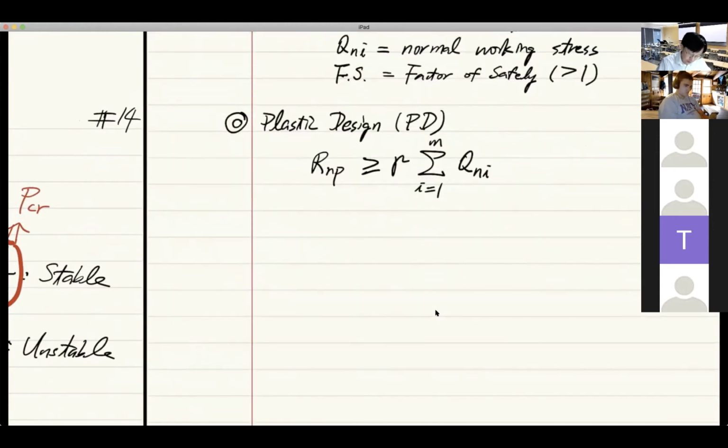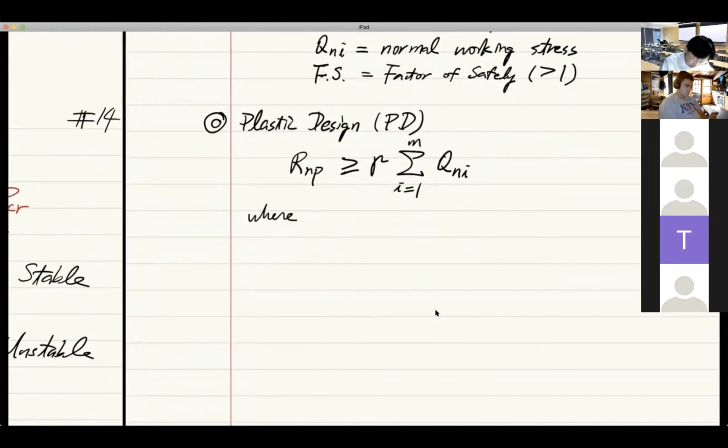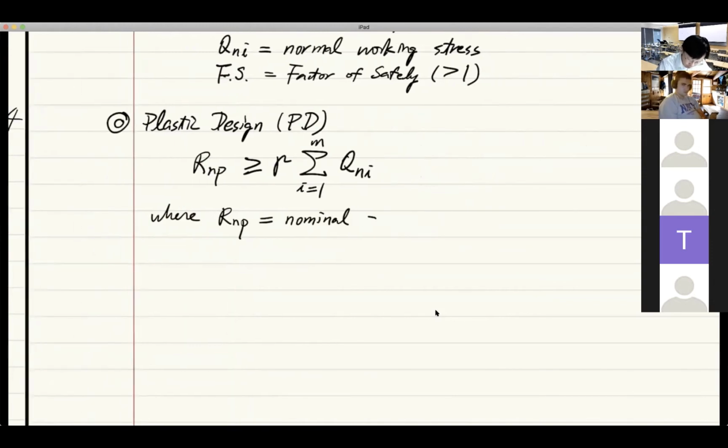In this case, R sub n p is what we call nominal plastic strength.